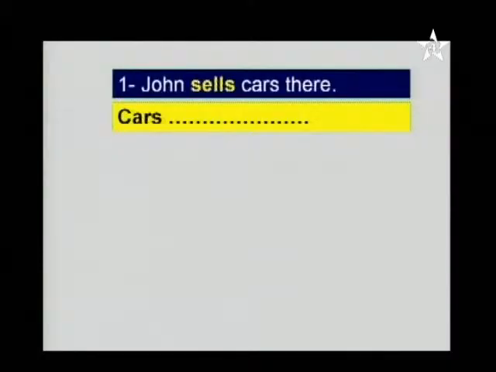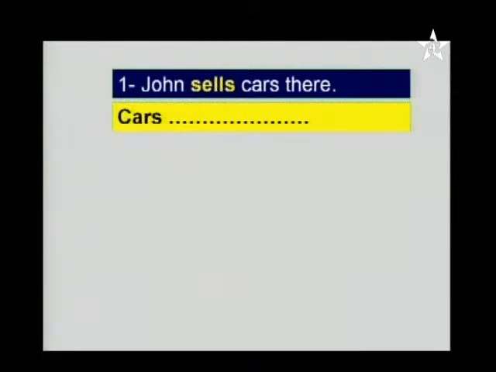Right. Exercise 2. Rewrite these sentences beginning with the words given. Just bear in mind, we will keep the same type of exercises for the sake of concentrating on the tenses. 1. John sells cars there. You should write this sentence beginning with the word given, as I said in the rubric. 2.